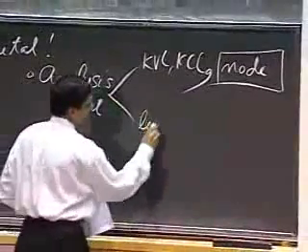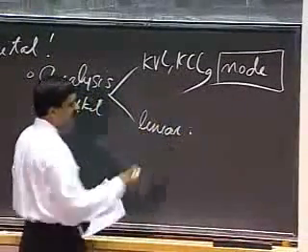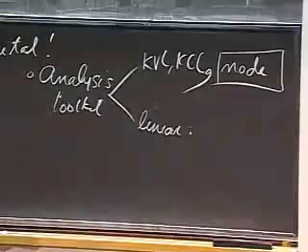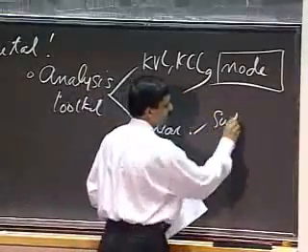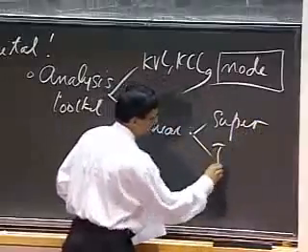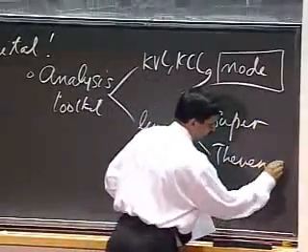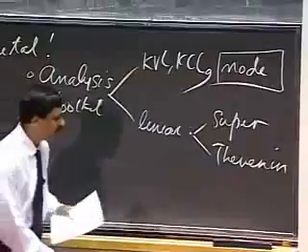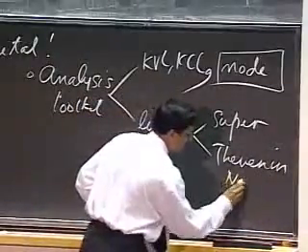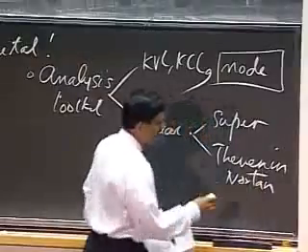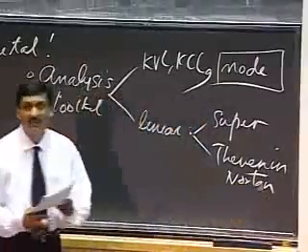For linear circuits, other methods also apply, and these include superposition, the Thevenin method, and in recitation or in your course notes, you would have looked at the Norton method.